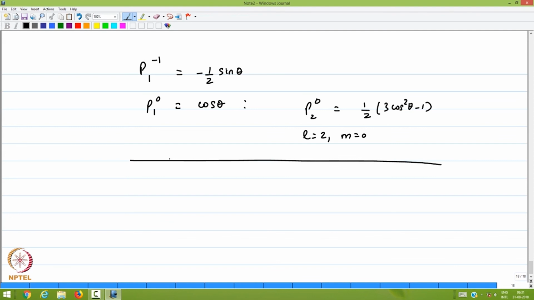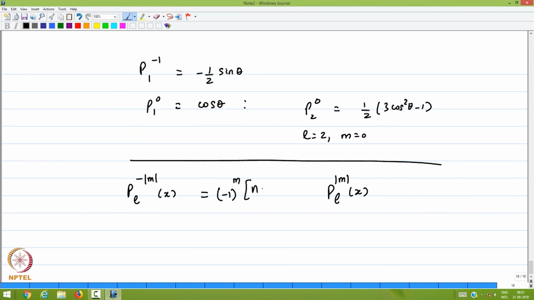Mathematically, the constants are chosen in such a way that these functions have this general property, namely P_L of minus m of x are expressed in terms of the P_L of m of x, that is the positive and the negative m values are related by minus 1 raised to m.